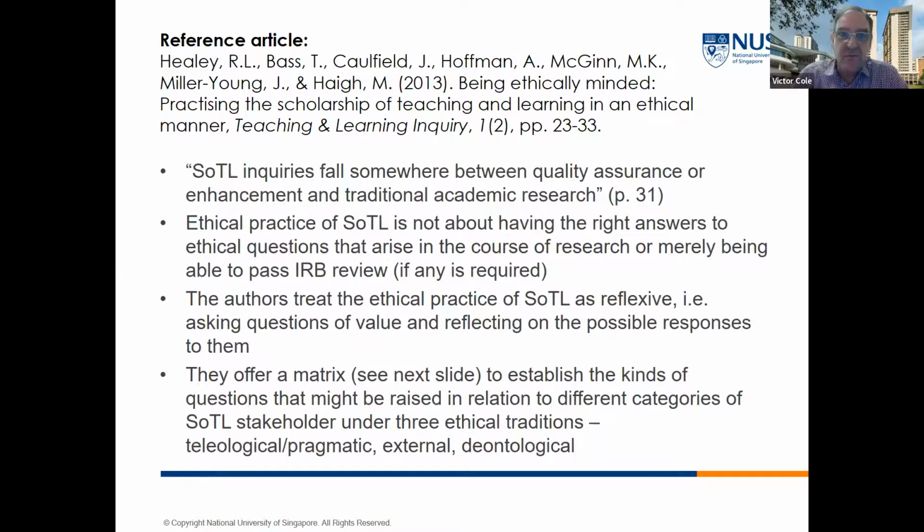This article I thought was quite helpful to refer to. It defines SoTL inquiries as falling somewhere between quality assurance or enhancement and traditional academic research. They talk about ethical practice of SoTL being not about having the right answers, as it were, but being able to simply pass IRB review if any is required, or to simply meet the exemption criteria from review.